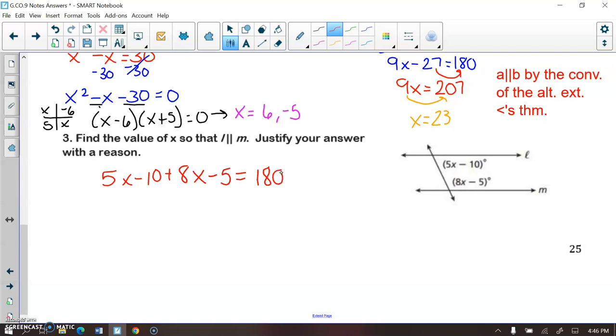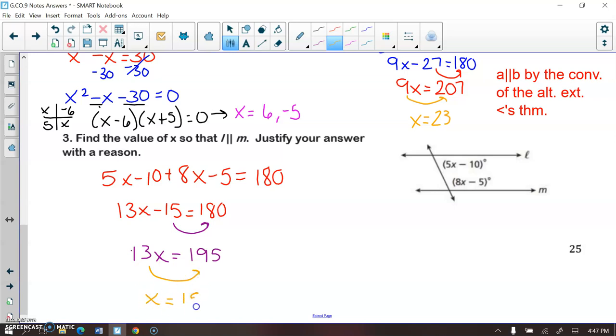All right. So combining like terms, adding this 15 over, and dividing by 13, x would need to be 15 in order to make these lines parallel.